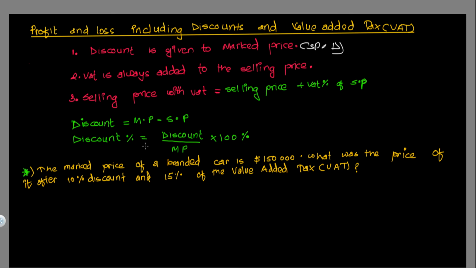As we find loss or profit percent in terms of CP, similarly we find the discount percent in terms of MP. What percentage of the mark price is the discount being given on the item? In this way we deal with profit and loss, including discounts and value added tax.